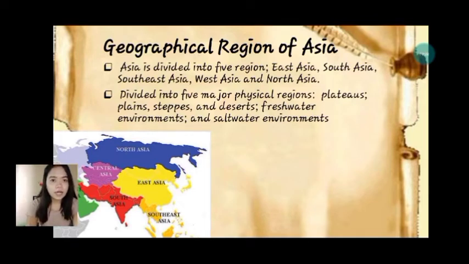East Asia, the yellow one, South Asia, the red one, Southeast Asia is the dark yellow, West Asia is the green one, and North Asia is the blue. So it is divided into 5 major physical regions. First, plateau, plain, steppes, and desert, and the fresh water environment and the salt water environment.